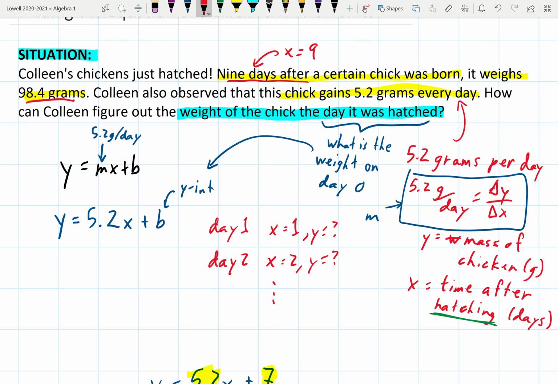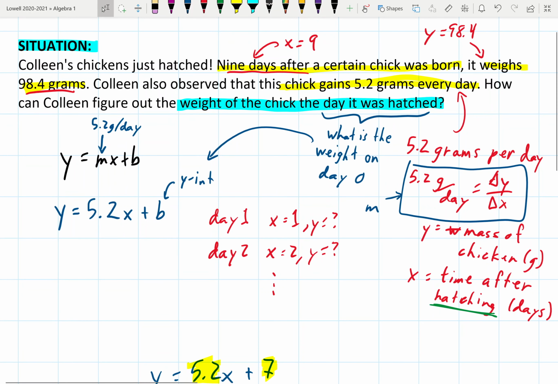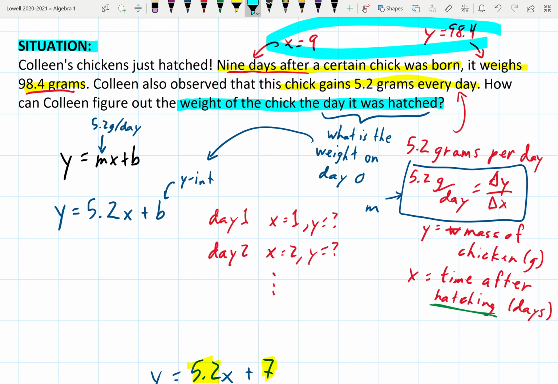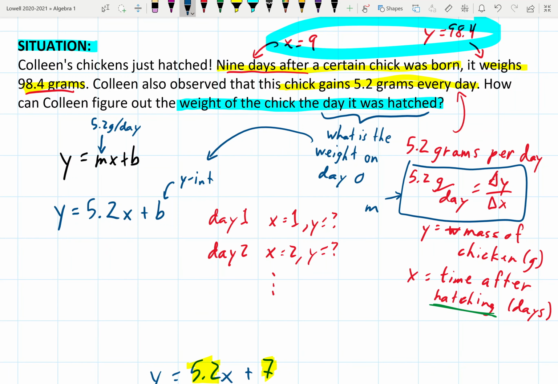And the weight we remember was represented by y, so y equals 98.4. Since I know that point is on the line, I can use my slope and that point to find the y-intercept. So I'll plug in 98.4 equals 5.2 times 9 plus b.